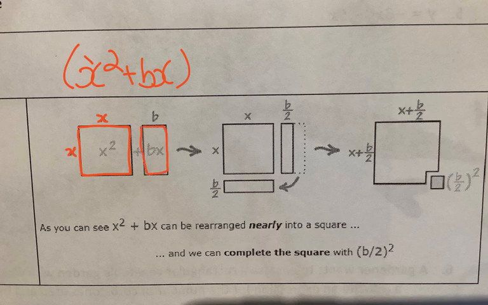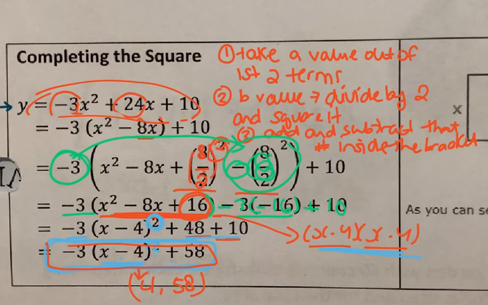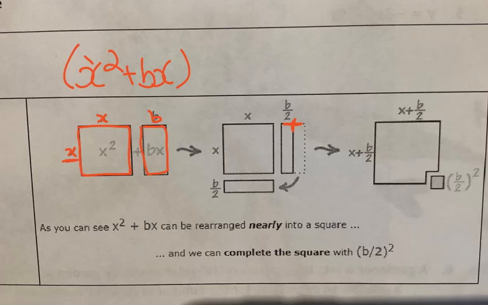One side length would be x, which is the same here, and the other side length would be b. Now, if I take this b side length and I divide it in half, so b divided by 2, remember how we took the b value and we divided it by 2, and I put half of it here and half of it here, so this length now is half of b.